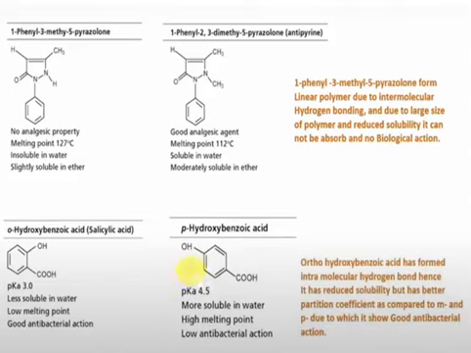Since it's not able to enter through the cell membrane of the bacterium, it shows less antibacterial action. The other drug is less water soluble but more lipophilic, so because of its lipophilicity it is better at entering the bacterial cell wall. So it has greater action, and the other has lower action.